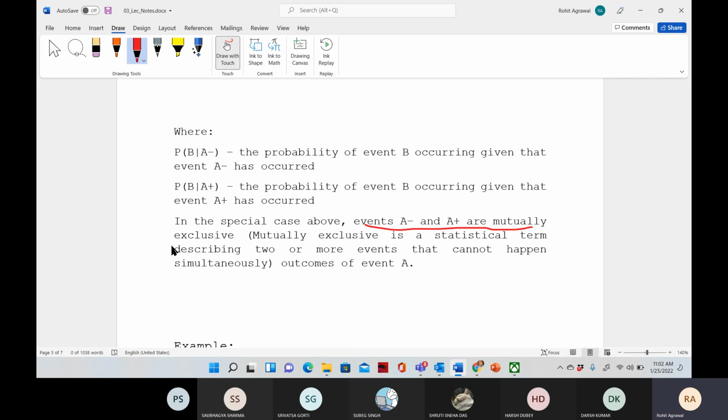What does it mean? Mutually exclusive means the two events that cannot happen simultaneously.